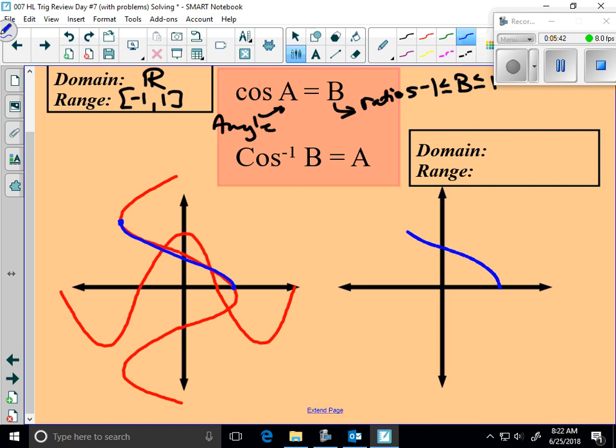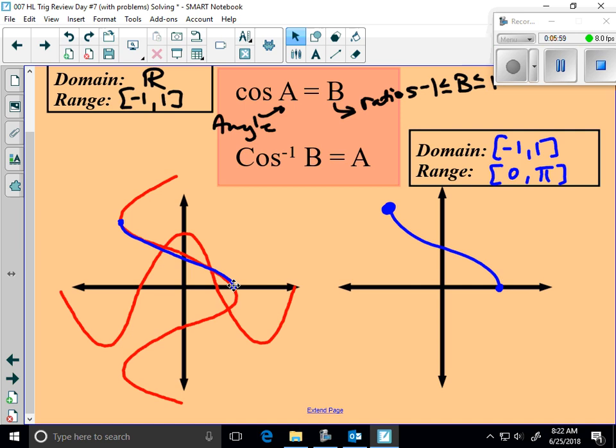So inverse cosine, we'll still have a domain from -1 to 1, but now the range goes from 0 to pi. Okay, so this point right here coordinates with this point down here. Okay, you can see the symmetry there and there.